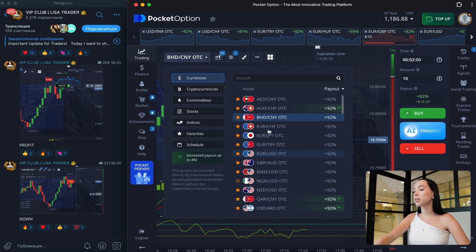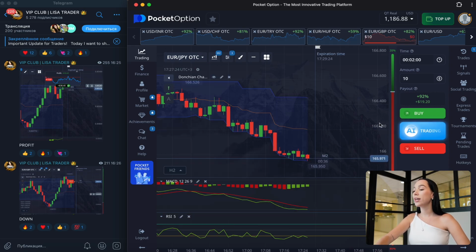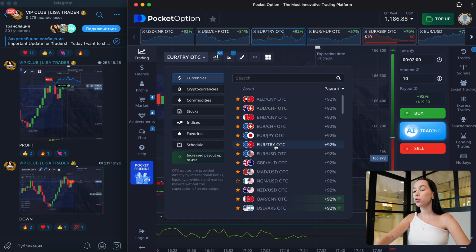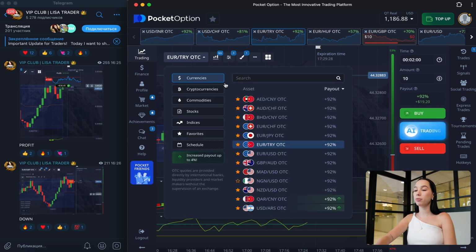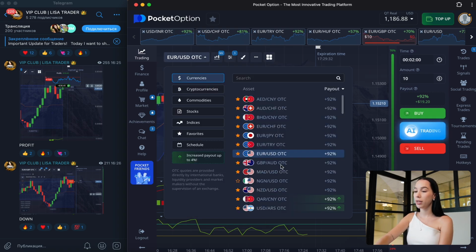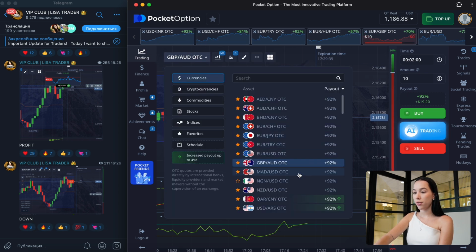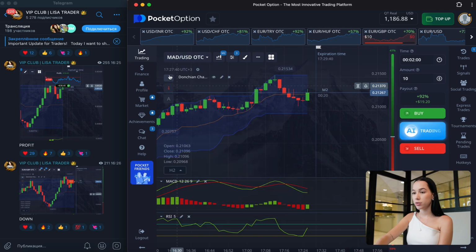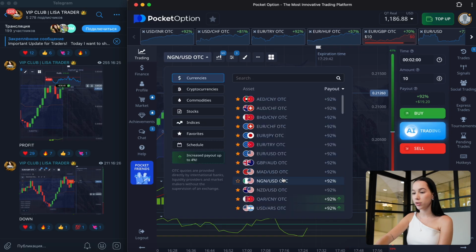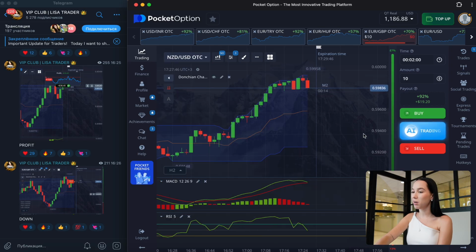Of course, sometimes it's scary to change, especially if you are gonna do a catch-up right now and you didn't analyze this chart that properly. So it's better not to hurry up and just do everything step by step. So okay, I'm looking for another currency pair with 92% payout. It's actually not that much.